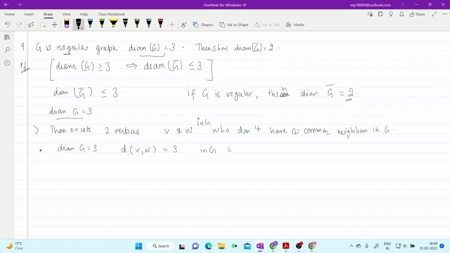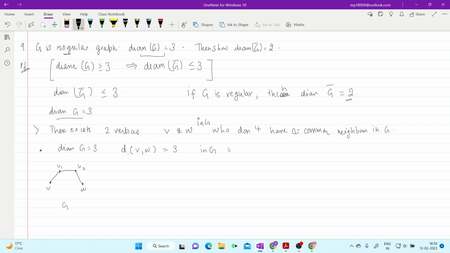We have already shown that the diameter of G bar is less than or equal to 3. So if this is the case, the shortest path between V and W is 3, through V1 and V2.